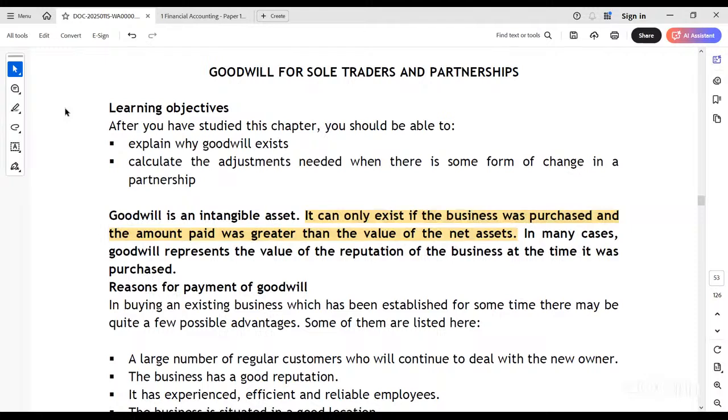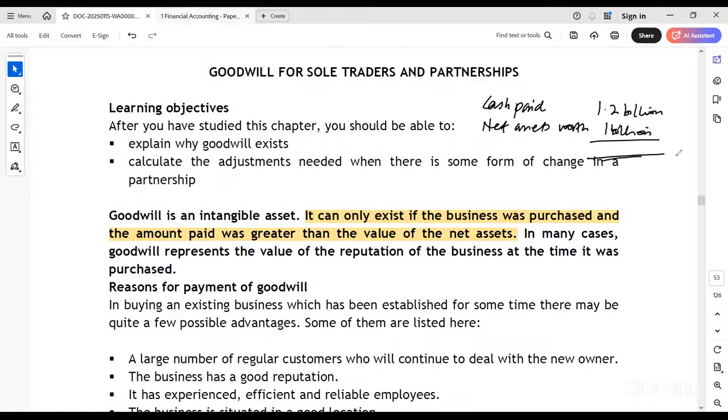So just look at a business which has been acquired, assuming the cash paid is 1.2 billions, but the net assets worth of the business they have acquired, let's say it's 1 billion.